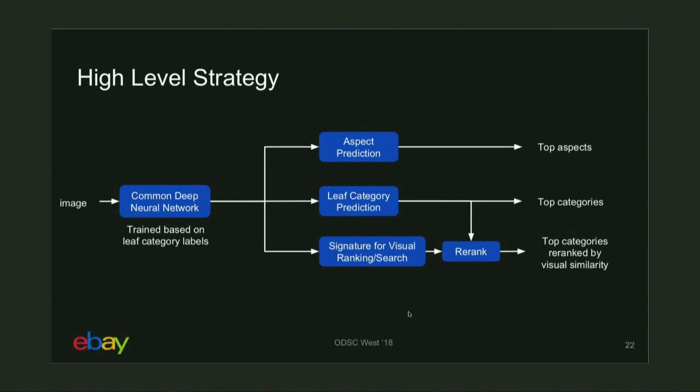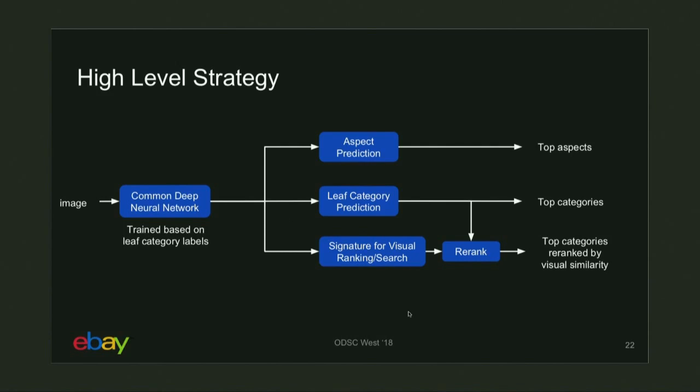We use these common layers to extract the information, and then we add more layers to predict things like aspects and so on. We are now working on joint optimization. It's pretty hard to do joint optimization and have very frequent model releases. So as an initial step, we trained a very strong leaf category classifier, and then we added new layers, in parallel, to predict aspects.